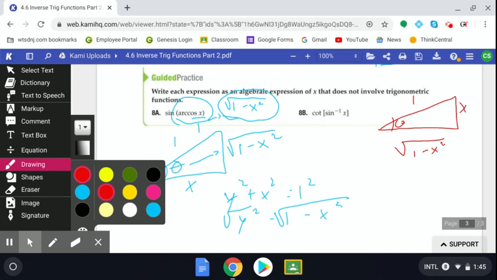So cotangent is adjacent over opposite. Adjacent would be this side over here, and that one would be opposite. So the answer, cotangent of inverse sine of x, would be equal to square root of 1 minus x squared over x.